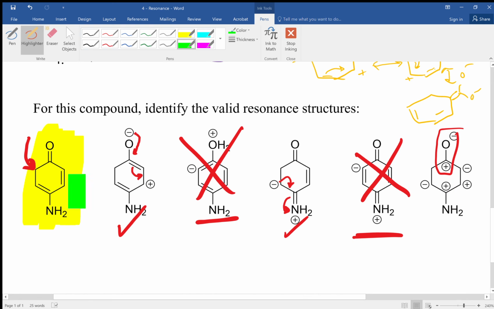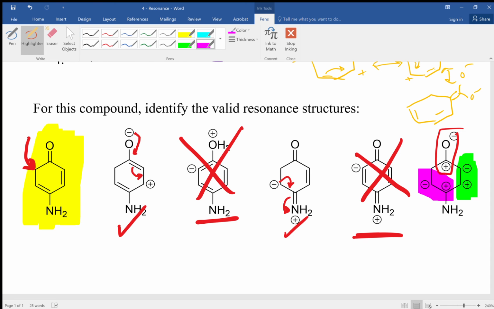The pi bond over here became this plus and minus. And the pi bond down here became this plus and minus. So it's an odd looking resonance structure. It's definitely not an important resonance structure. That many charges is not likely to be significant. But if the question is, is this a valid resonance structure? The answer is yes.